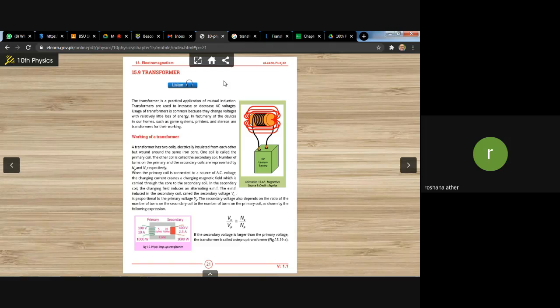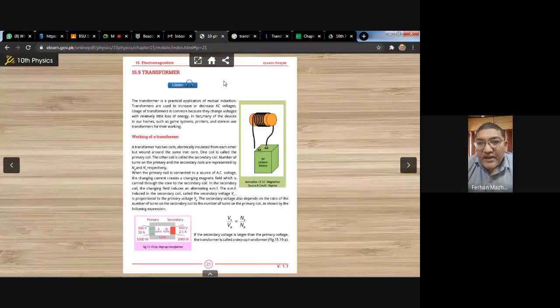Never forget it. If the secondary voltage is larger than the primary voltage, the transformer is called a step-up transformer. This is a very important MCQ.